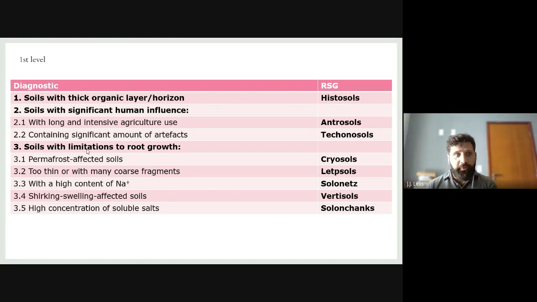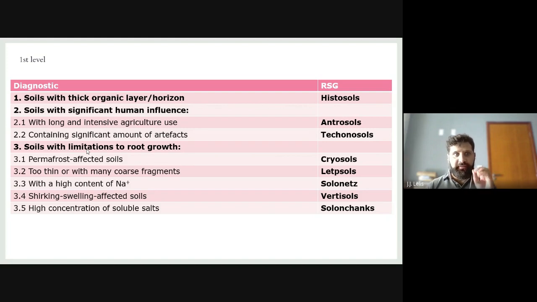Okay, the soils that present a significant human influence, if they are related to a long and intensive agriculture use, if they are related to ancient land use, ancient human communities, they are classified as anthrosols.